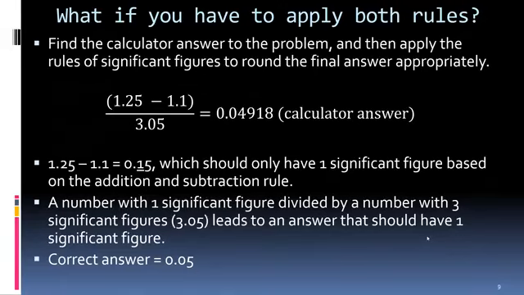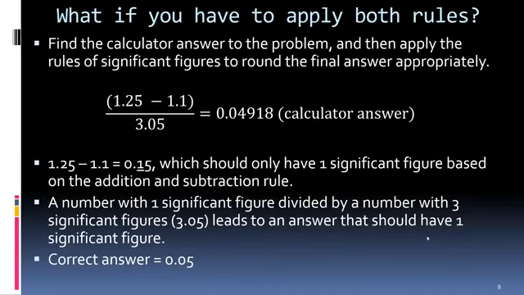For example, if you wanted to take 1.25 minus 1.1, all divided by 3.05, punching that into the calculator, you will get an answer of approximately 0.04918. However, if you assess the significant figures, you must round that answer differently.